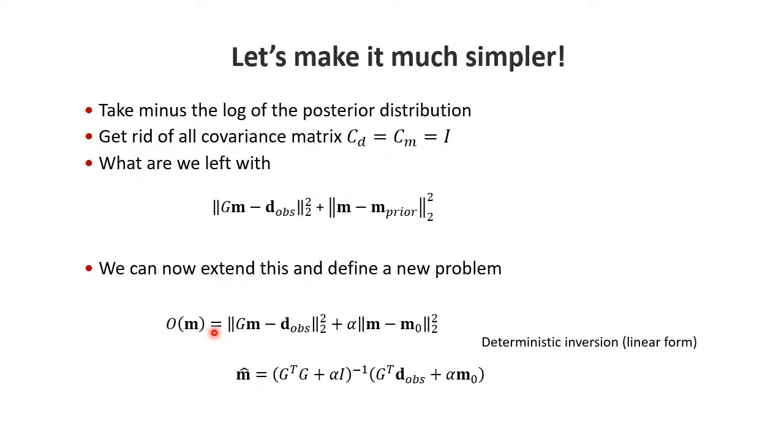In this linear case, this can be solved by least squares, and so the solution of that is then in this particular form here. So in this particular form now we see these various terms appearing. The alpha is called the regularization term, and it's something that we'll start discussing later on when we show a couple of examples of deterministic inverse problems.